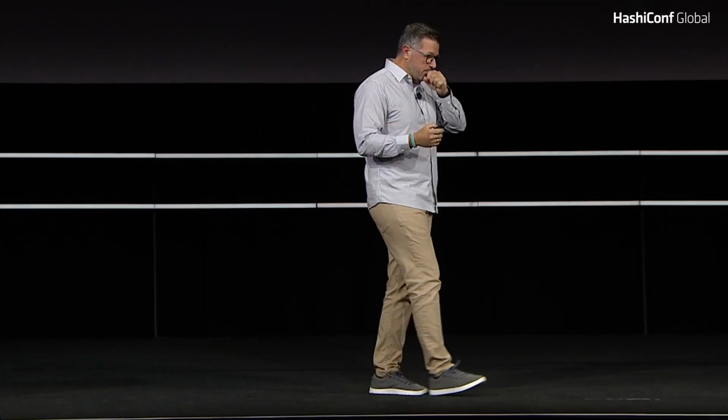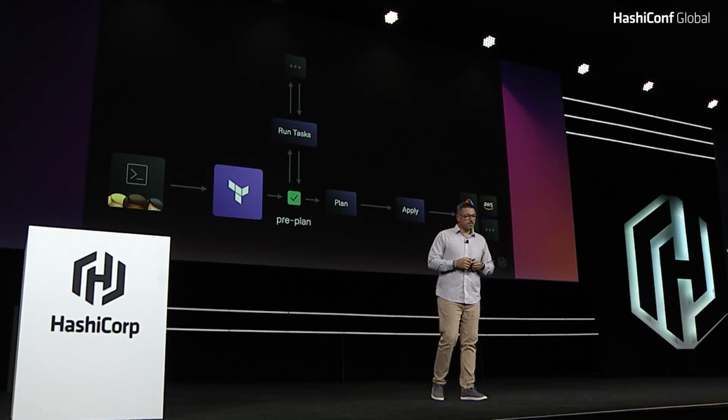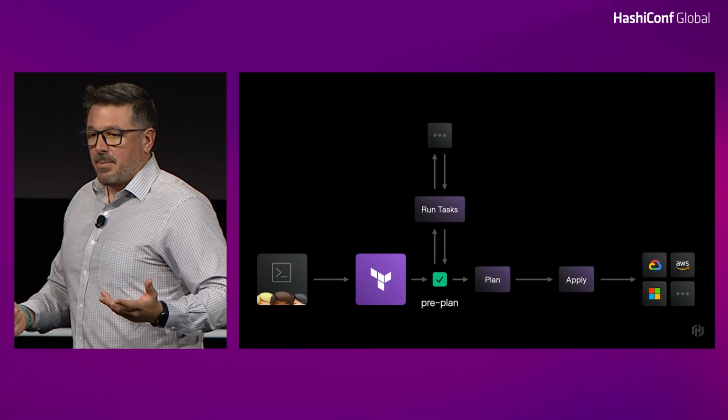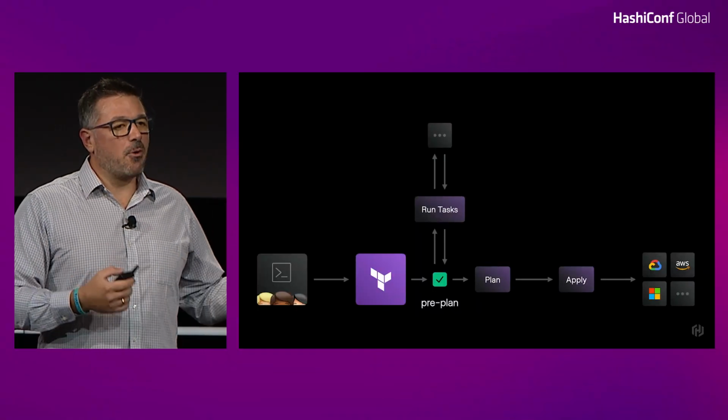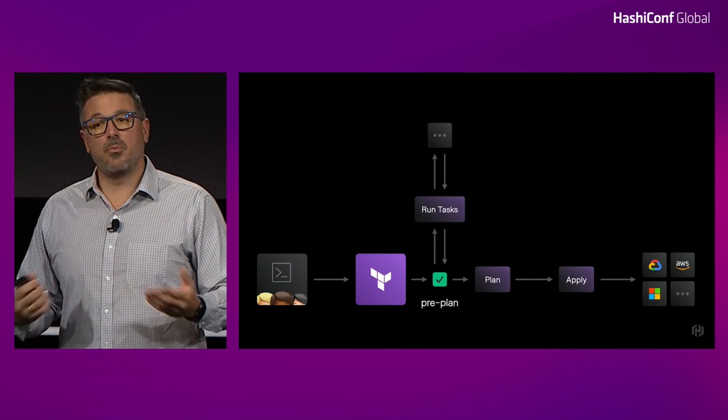Now, what we've done recently, up to now, we've provided a post-plan run task in the phases of Terraform itself. But what we're doing right now, and announcing today, is pre-plan run tasks as well. And what I'm excited about here is just being able to perform actions before the plan is even generated. So at this point, there is no plan.